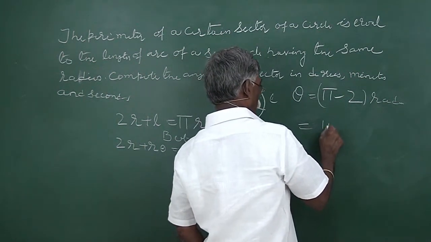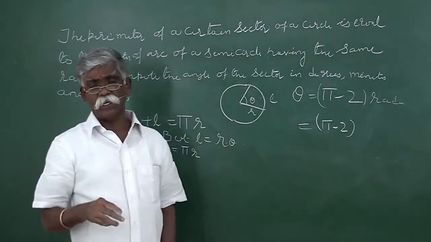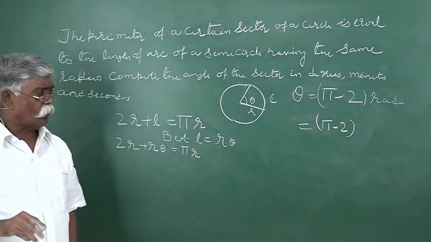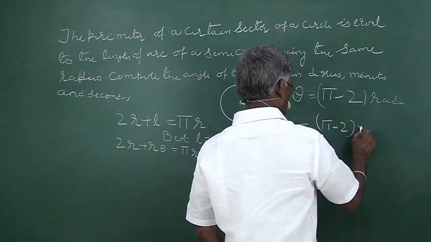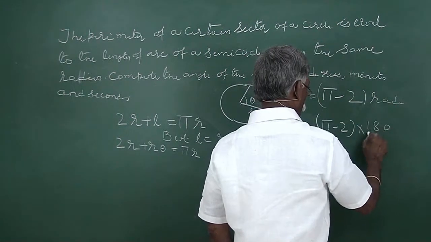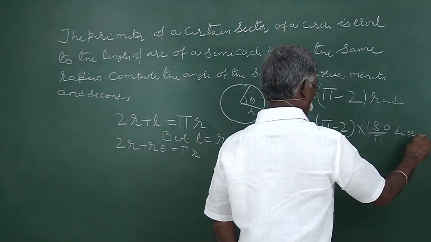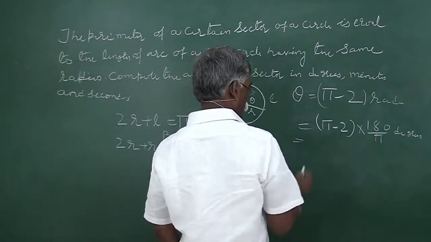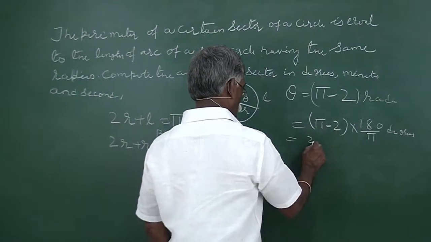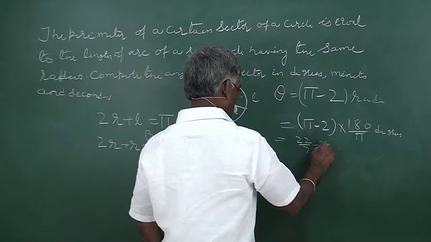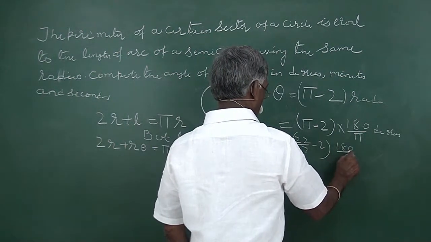And this pi minus 2 radians is equal to, we know that pi radians is equal to 180 degrees. 1 radian is 180 by pi. So therefore this is into 180 by pi degrees. Otherwise we will put this as 22 by 7 minus 2, and this is 180 by pi.